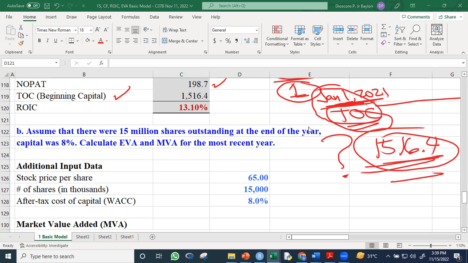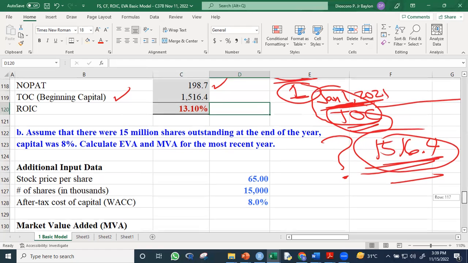Sir, I think a higher ROIC means that the company is doing better because they're able to have more funds and allocate more funds. But I'm not really sure on why. Thank you, Raf, for that answer. At that point, you're correct. The higher the ROIC, the better it is for the company.